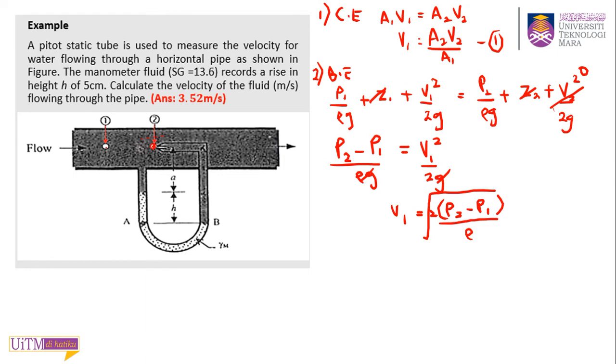Sama kan macam tadi. So V1 equals the square root of 2 times P2 minus P1 over rho, so you will get your V1 equation.